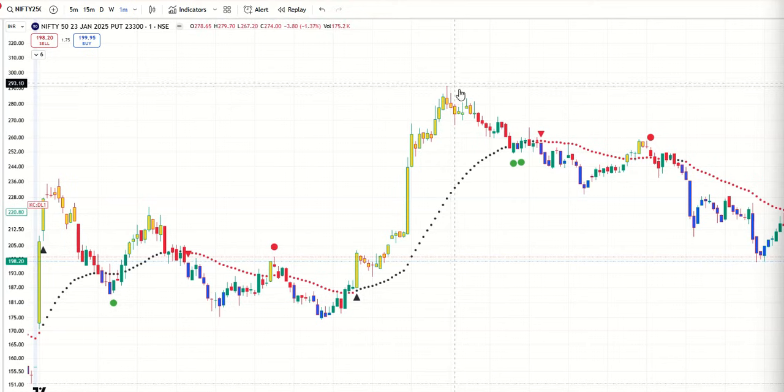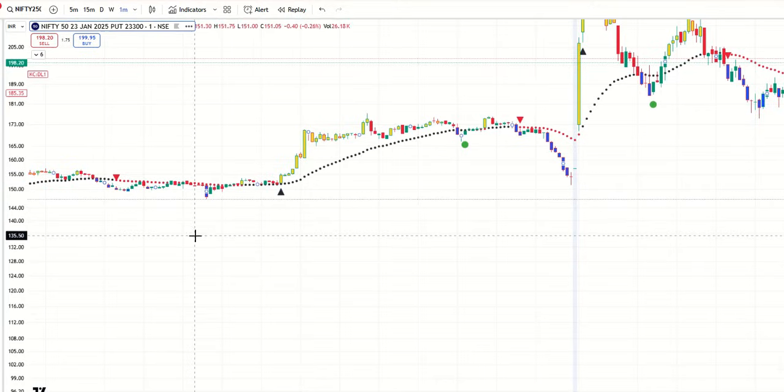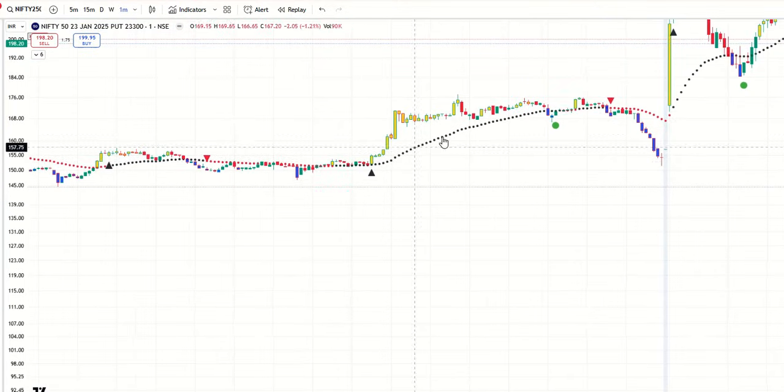One more observation is how steep this curve is. The black line is very steep here, right? Here it seems to be flat. Maybe this one is not very steep, but the slope is high.